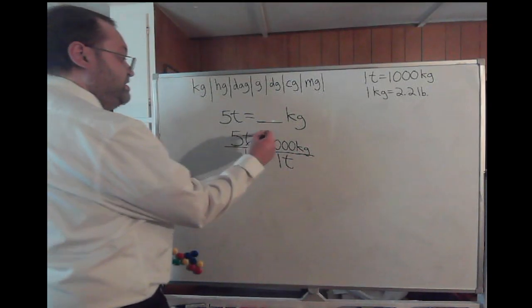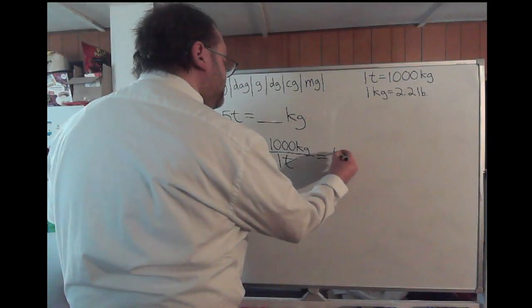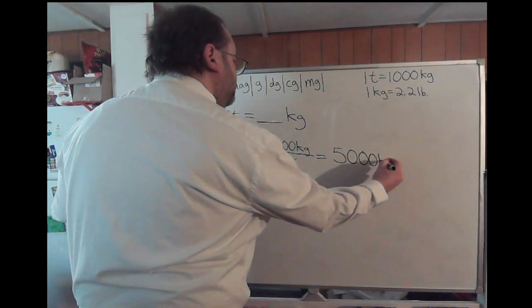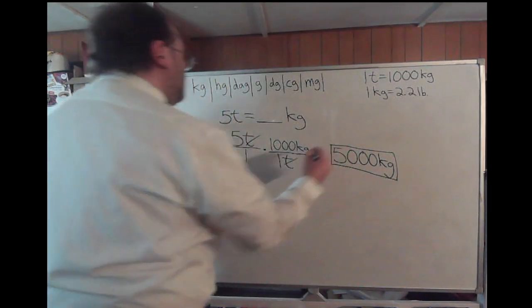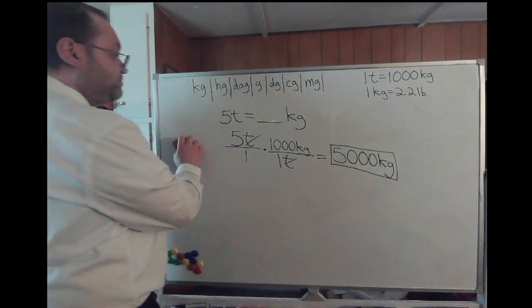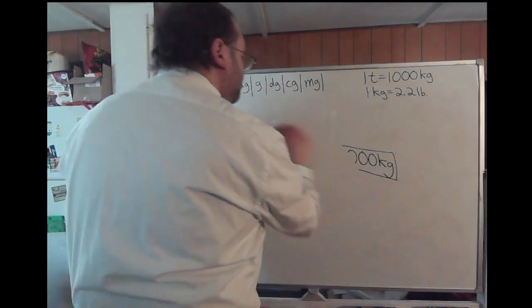So now your metric tons will cancel out. You'll just have 5 times 1,000, which will give you 5,000 kilograms. That's how many kilograms it would be in 5 metric tons. Now let's go in reverse here.